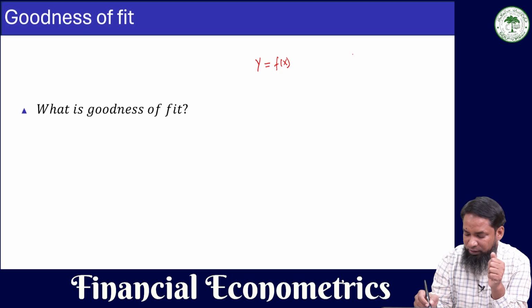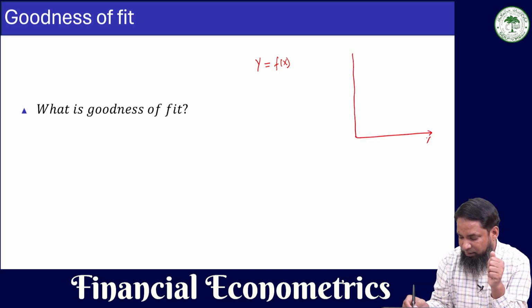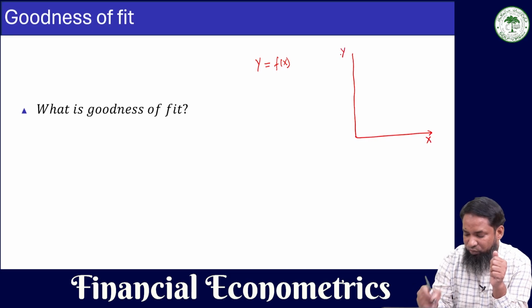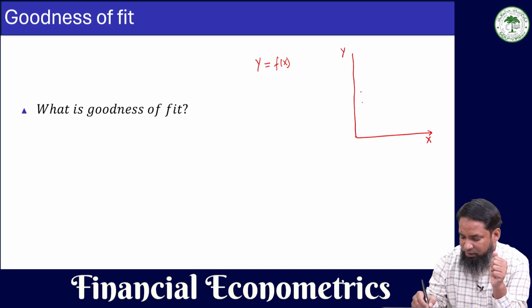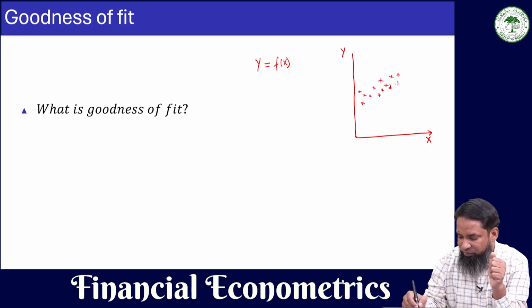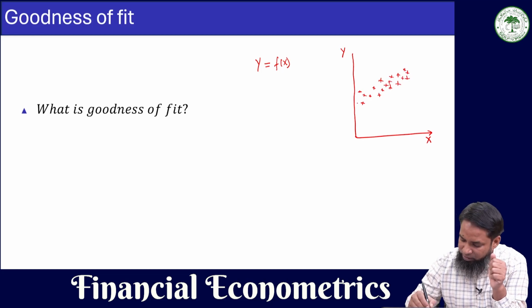Let us say here we have x and here we have y, and we have certain sample observations. Using the OLS method, we want to estimate a regression line like this.